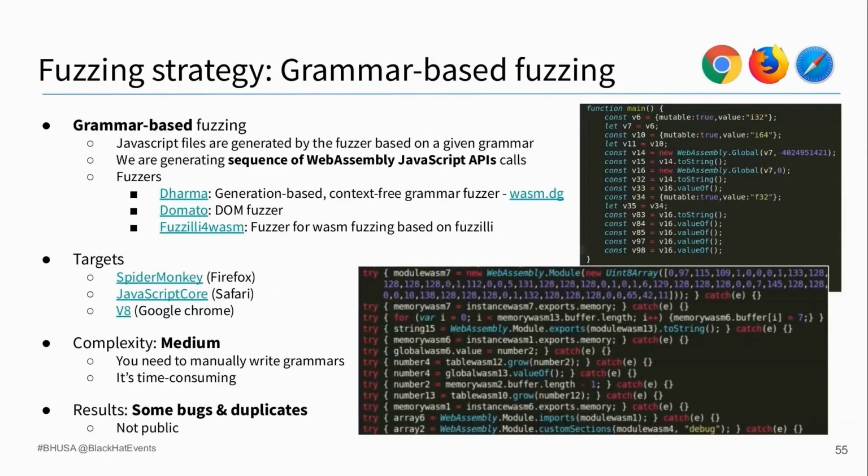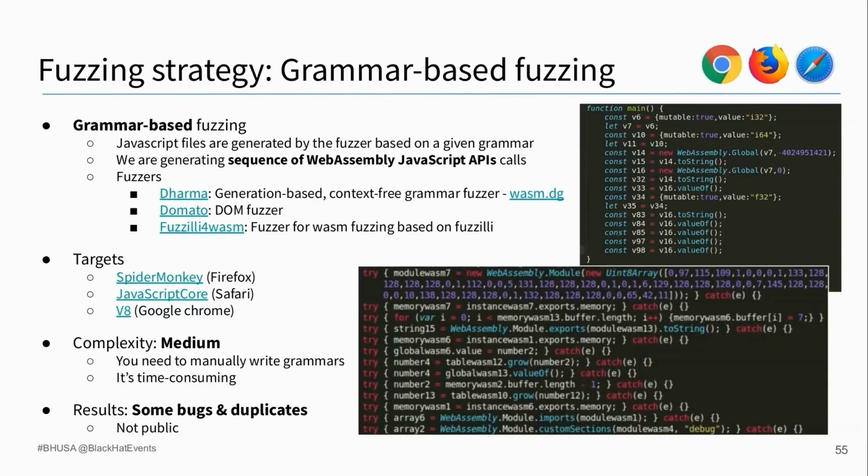So for that, I usually use grammar-based fuzzing, and that's what I've done. The only downside is you need to write the grammar, so it could be time-consuming, but the WebAssembly APIs are not that huge. That's what I've done with Dharma and Domato, and those tools generate sequences of WebAssembly JavaScript APIs, like the one on the bottom.